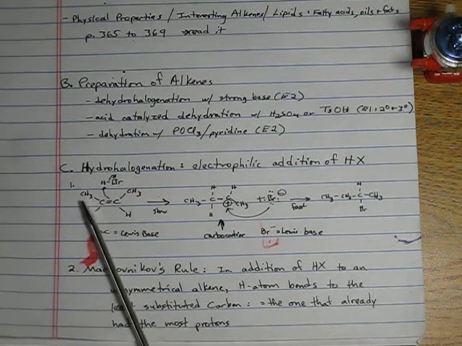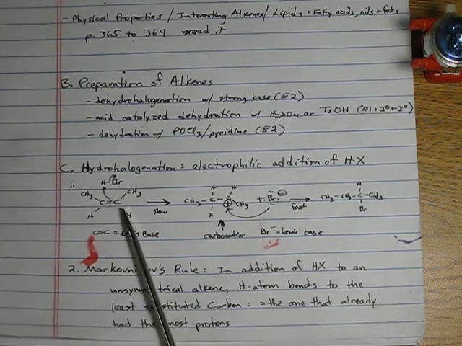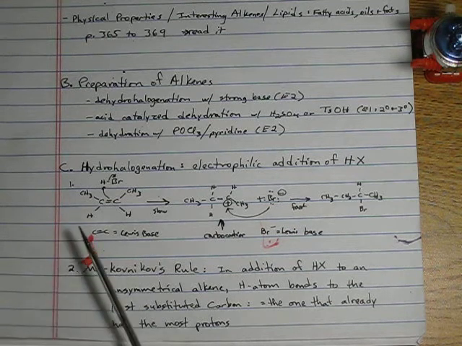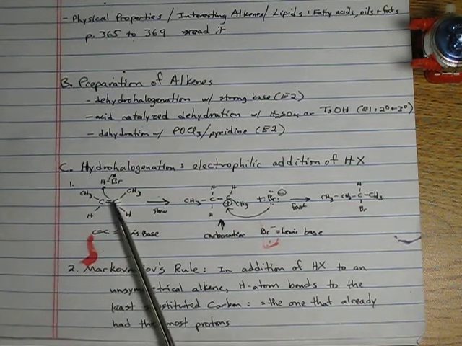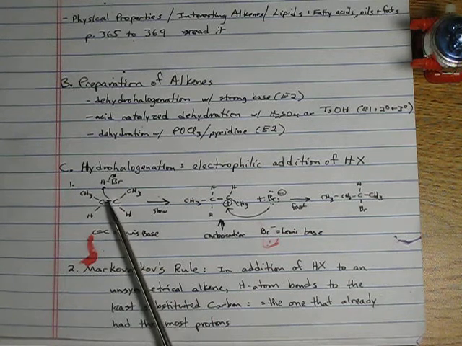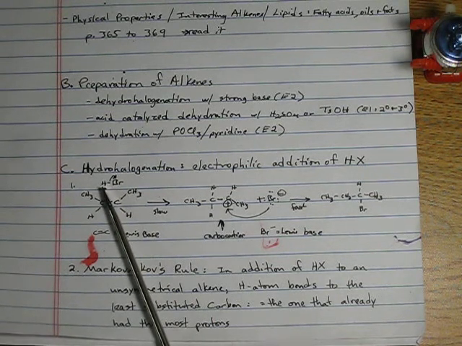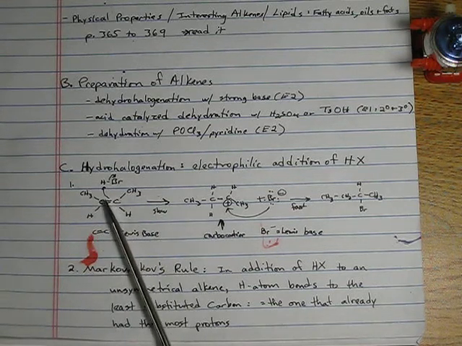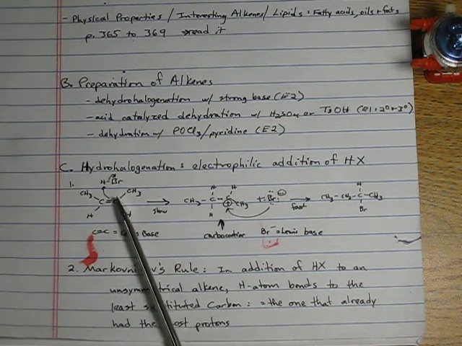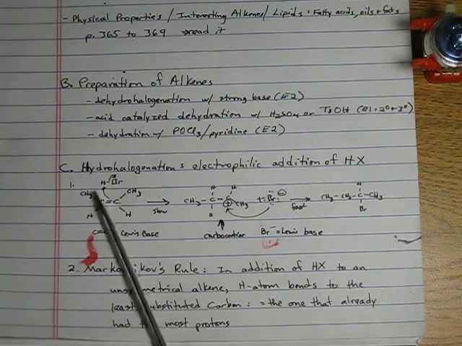Here's how it works. If you have CH3, CH double bond CH, CH3, the first step is a slow step. Note the pi bond is the weaker bond. The pi bond will act as the nucleophile and will attack the hydrogen. So this pi bond between these two carbons breaks, and one of these carbons will get the hydrogen.